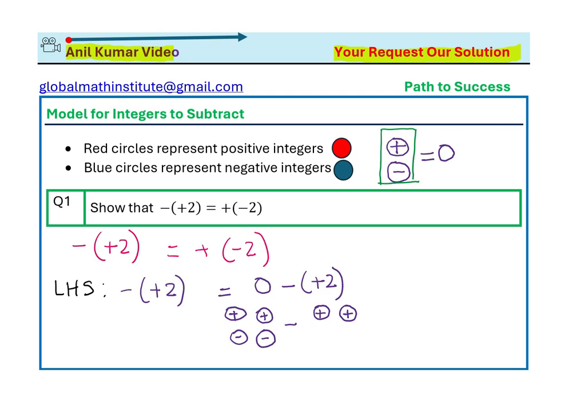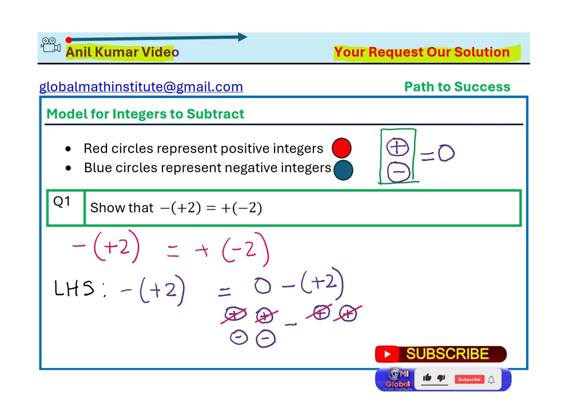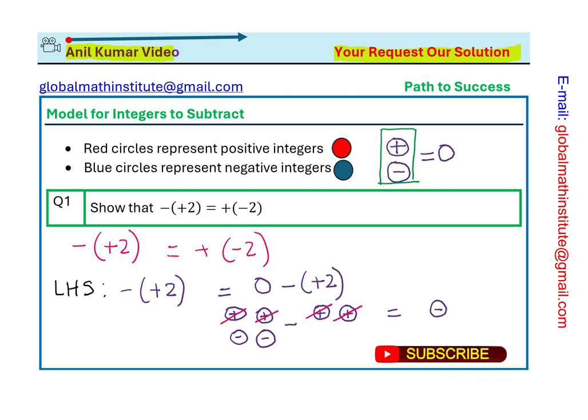Now you can see that I can take away these two counters. And once I do that, what is left? Two negatives are left, and that is what we call minus 2. So we're left with minus 2.